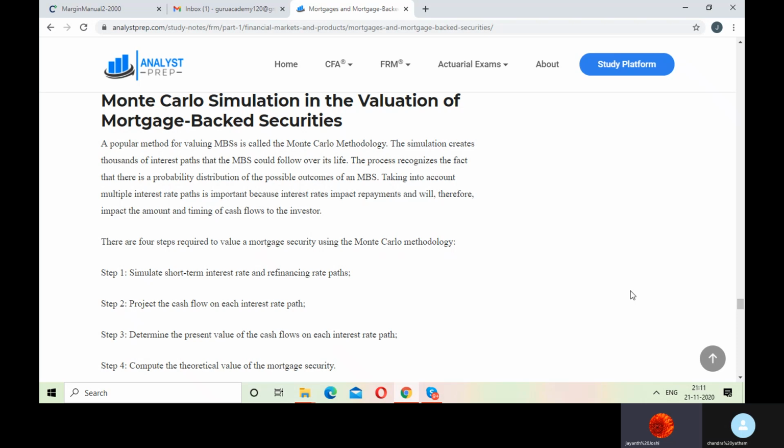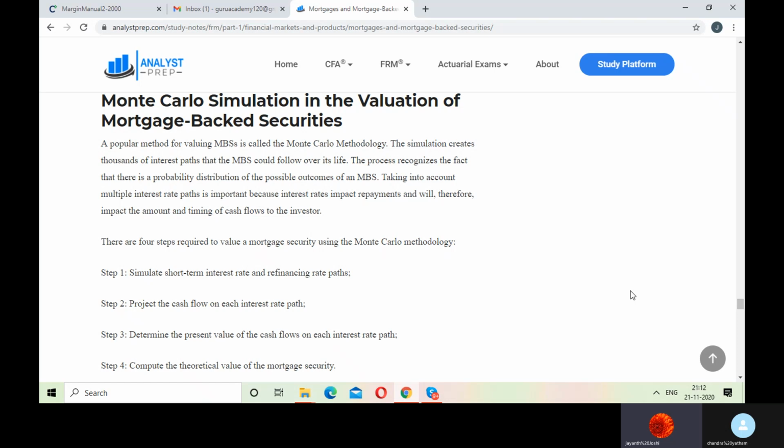So you will be putting all those things like thousands of interest paths that your mortgage backed security would follow over its life. The process recognizes the fact that there is a probability distribution of the possible outcomes of an MBS. Suppose you have a bond of some company which is a mortgage backed security.